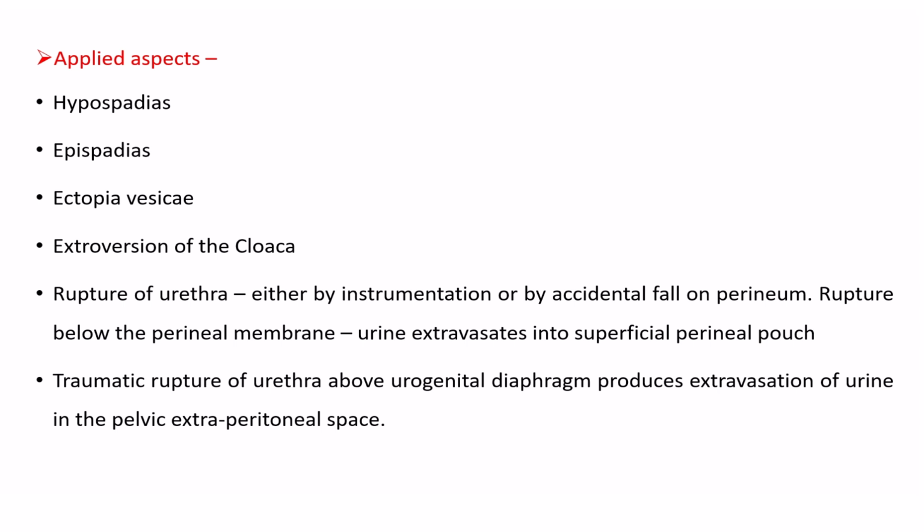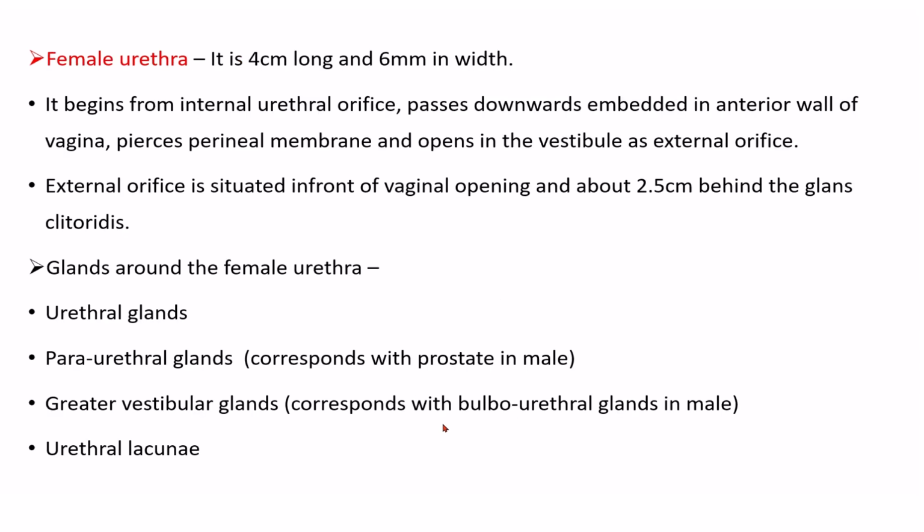If we dilate the bulb of the Foley's catheter before its final position, then that will dilate within any part of the urethra, and it will rupture the urethra. So in traumatic rupture of the urethra below the perineal membrane, there will be extravasation of urine into the superficial perineal pouch, whereas traumatic rupture of the urethra above the urogenital diaphragm produces extravasation of urine in the pelvic extraperitoneal space.